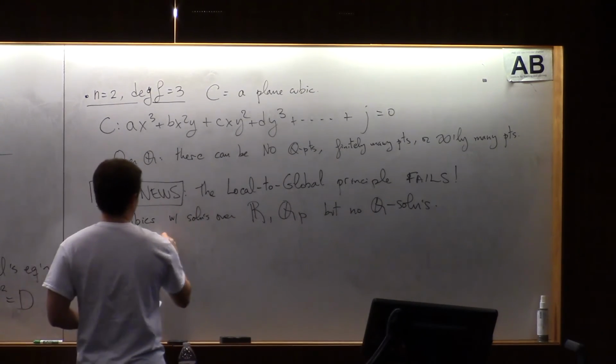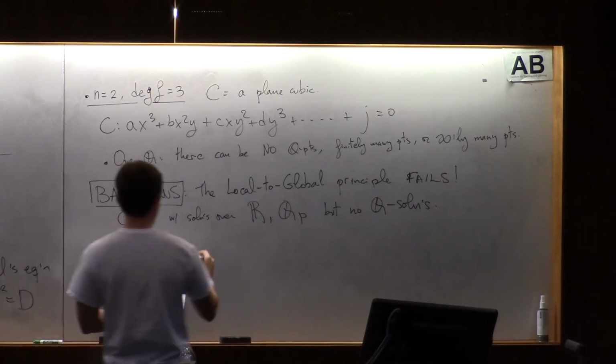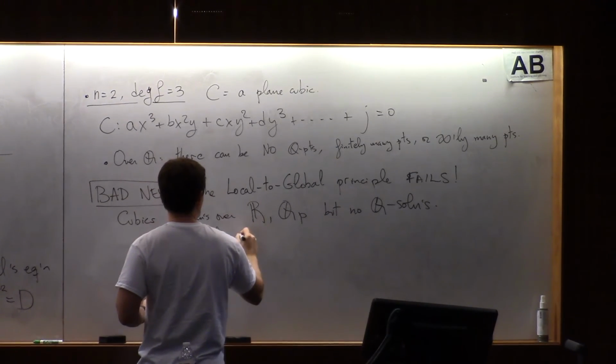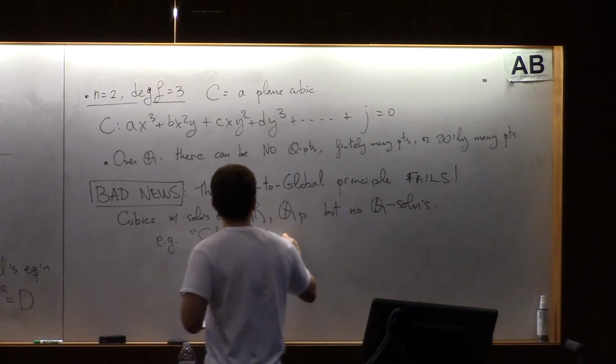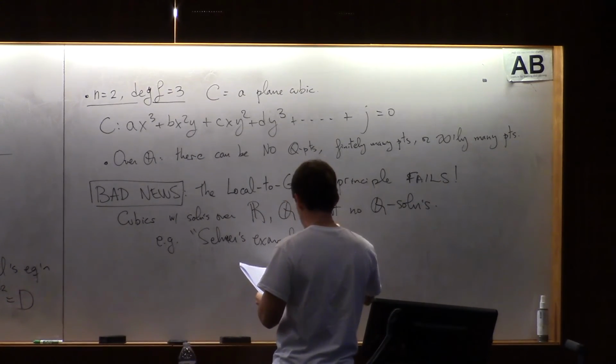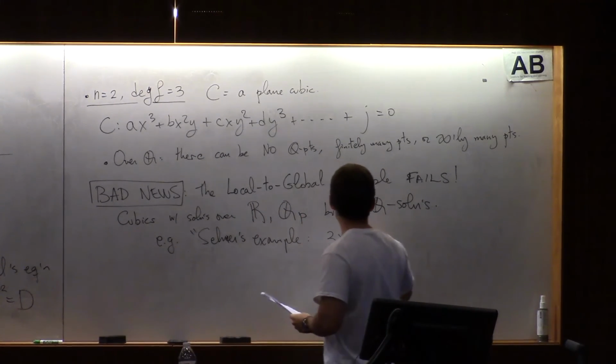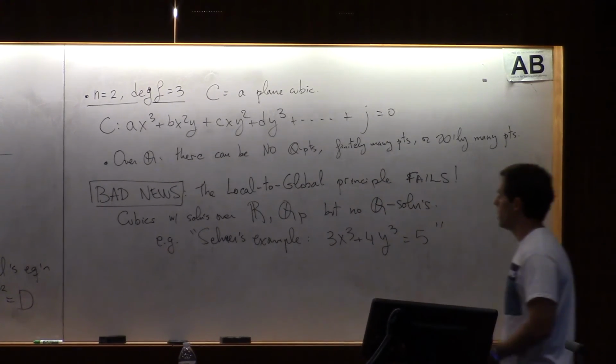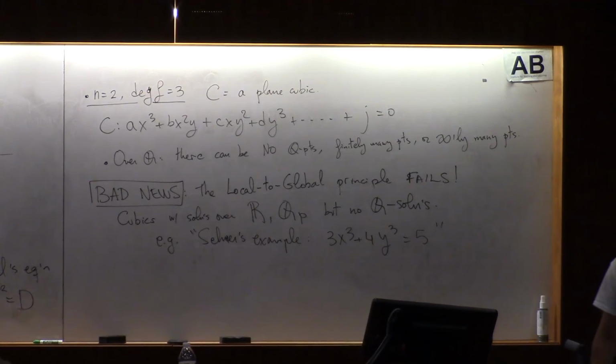Okay? The first such example is called Selmer's example. It's 3x cubed plus 4y cubed equals 5. That has such a property. There are real points, there are points over every Q_p, but there are no rational solutions.